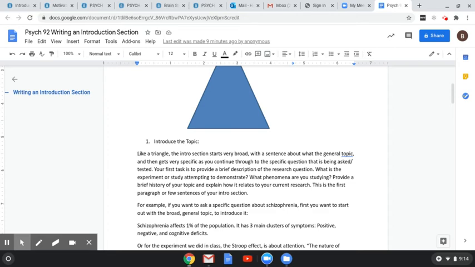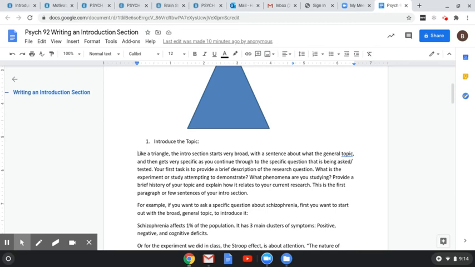So I'm going to put little points in here, and you can see them on the page with all of this stuff on Canvas. The first thing we do from the upside down triangle, sorry, because you'll see a right side up triangle in the last section, which is sort of the reverse of this. You want to introduce your topic.